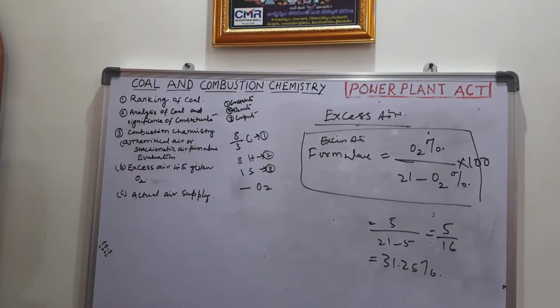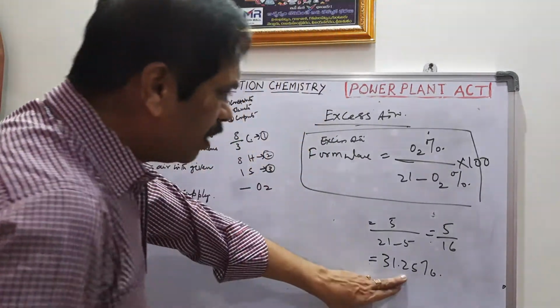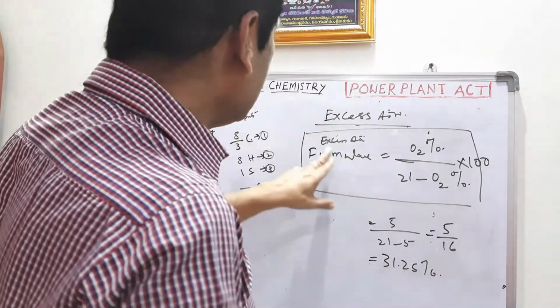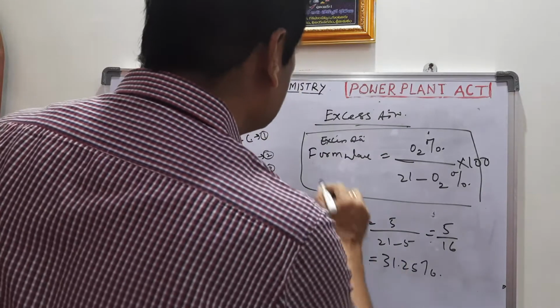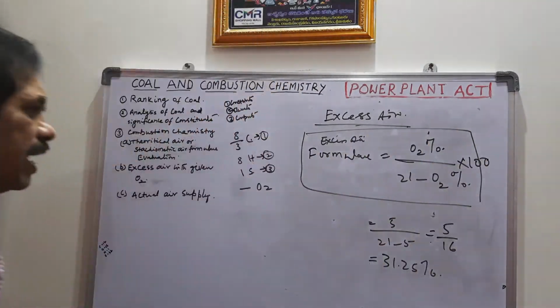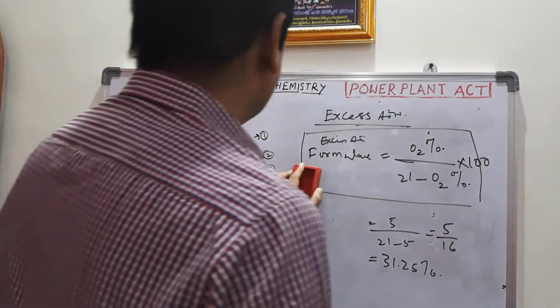That means you are providing 31.25% excess air for complete combustion of coal. So this is the way you calculate the excess air.